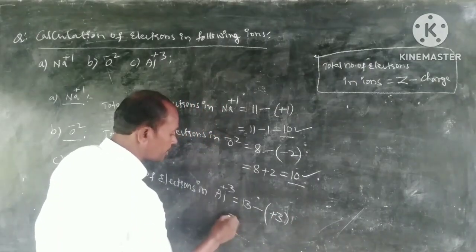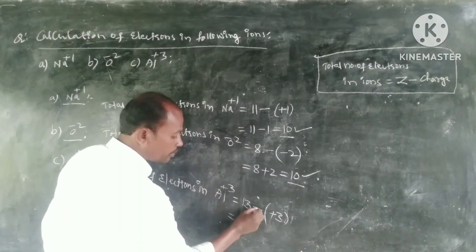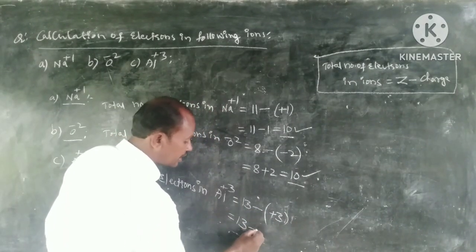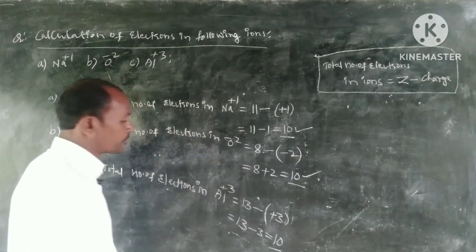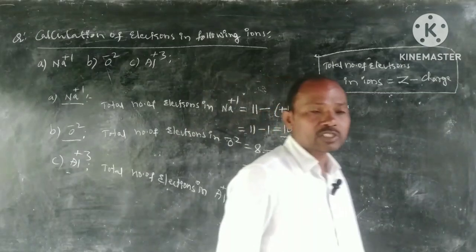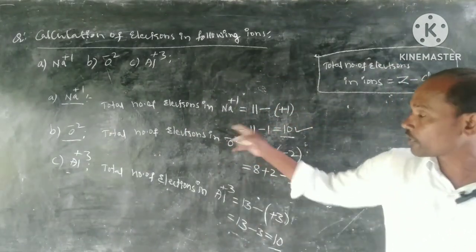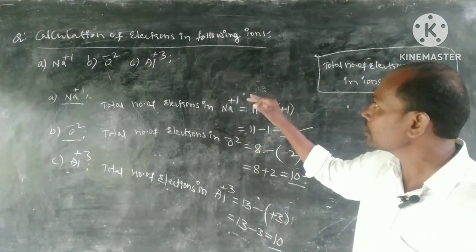So 13 minus 3 is equal to 10 electrons. So like this, these are the calculations of electrons in ions.